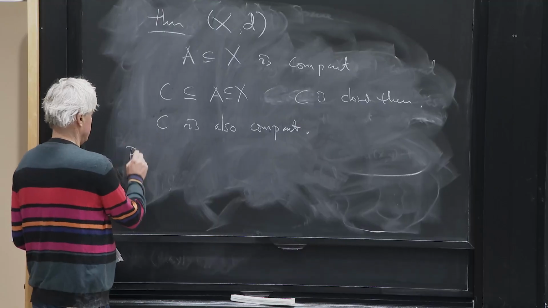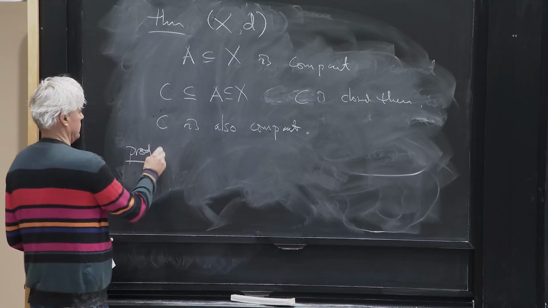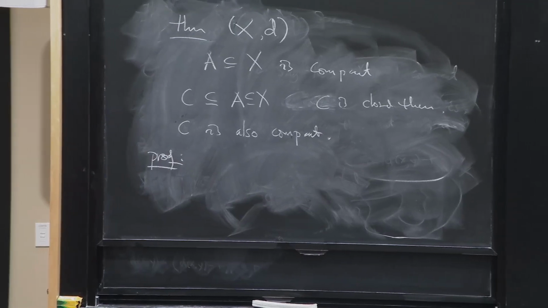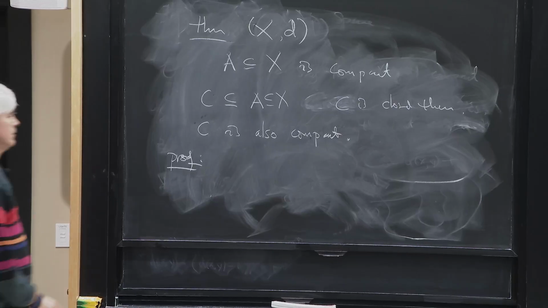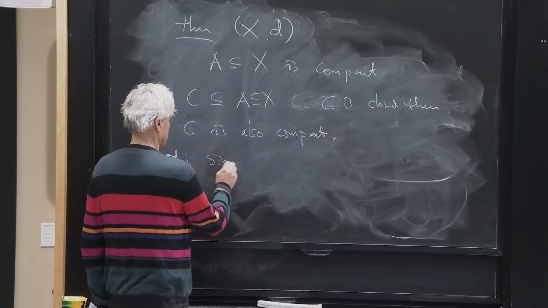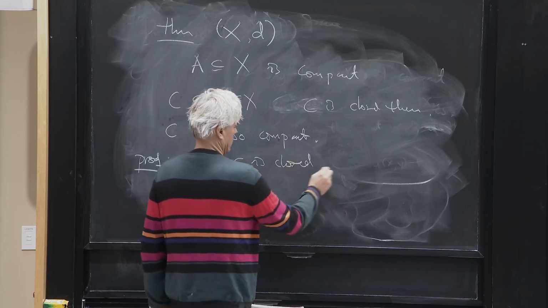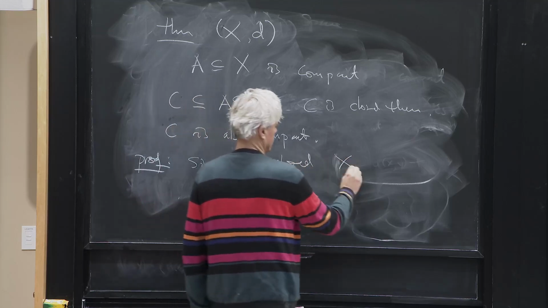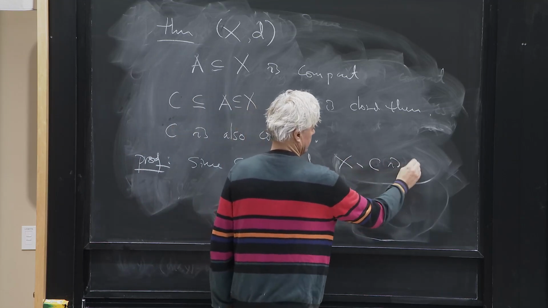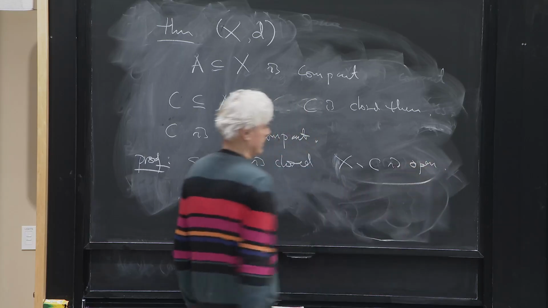And so the proof of this: C here is assumed to be closed. So this means that the complement of C is open. Right?